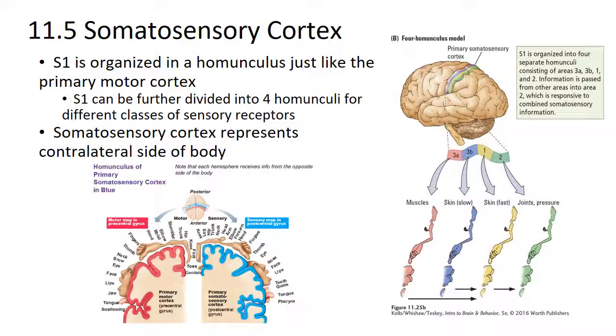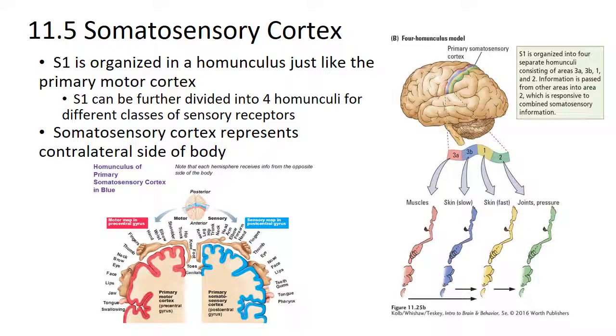S1 is organized, as many things we've talked about, in this topographical or homunculus manner. Just like the primary motor cortex, if you look at this image on the bottom left, the somatosensory cortex and the motor cortex, which are right next to each other, code for the same parts of the body.